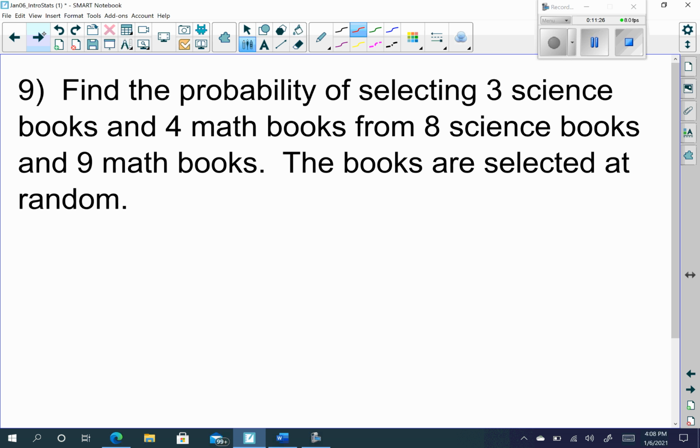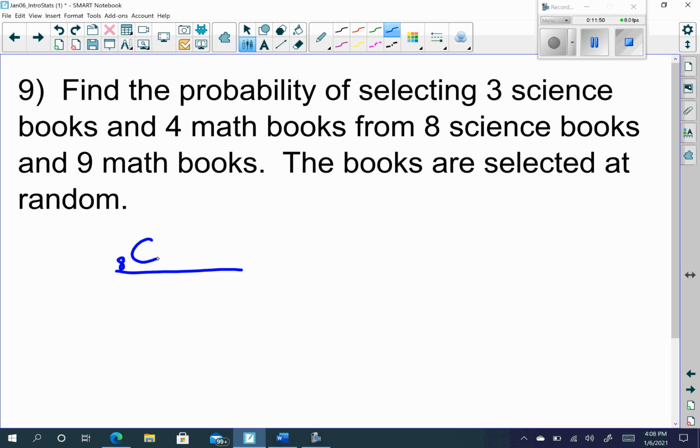Again, pause the video to give this a try. All right, so this also sounds very similar to the other problems we were looking at. So here we would have the combination. So we have 3 science books we're choosing from 8.